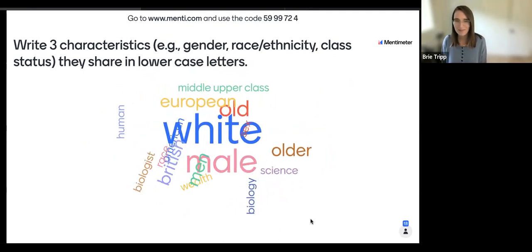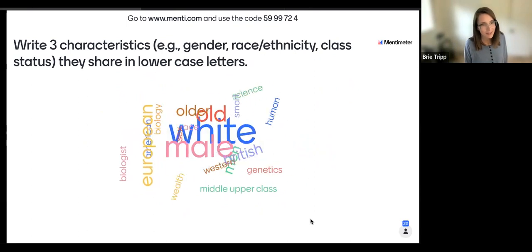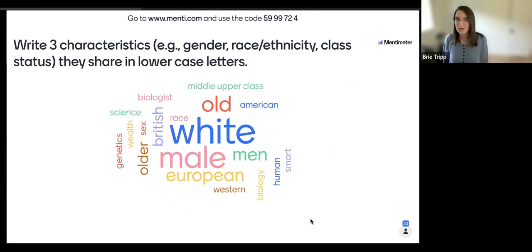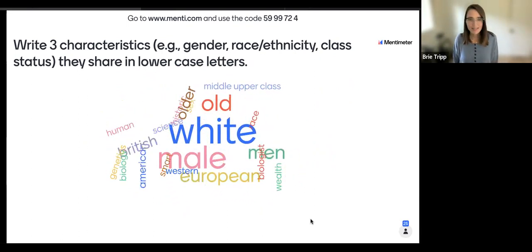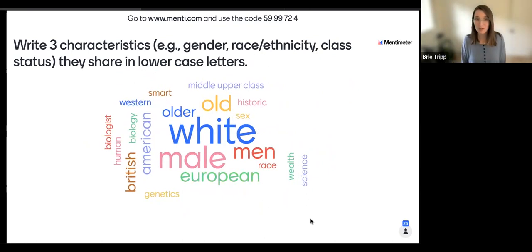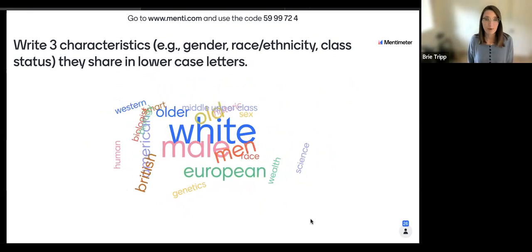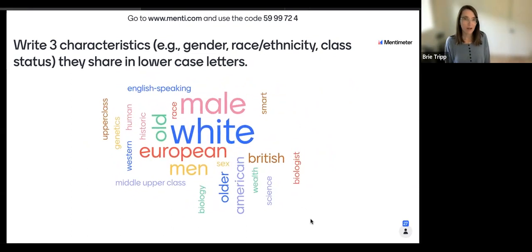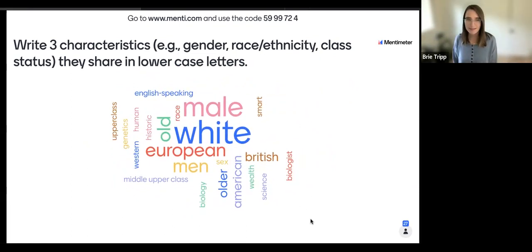All right, so if we look at our word cloud now, the most predominant characteristics are white, male, European. We also have upper class, biologists, smart. But the predominant ones that are listed are white, male, European, men, old.